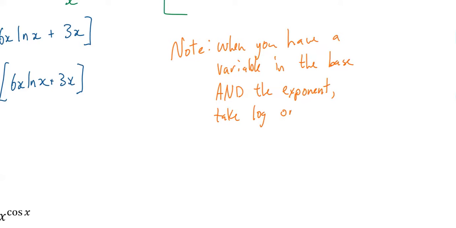Which is logarithmic differentiation. Take the log of both sides, then take the derivative. It's implicit, but it's simple. And in some cases, it allows us to find derivatives that we couldn't have otherwise. And in some cases, it's just easier. Any questions? So take the log of both sides first, simplify to get that exponent down, and then you can take the derivative. All right, let's try a few.